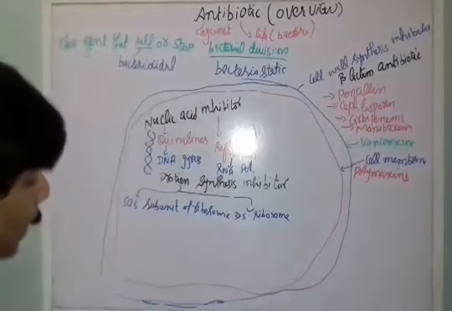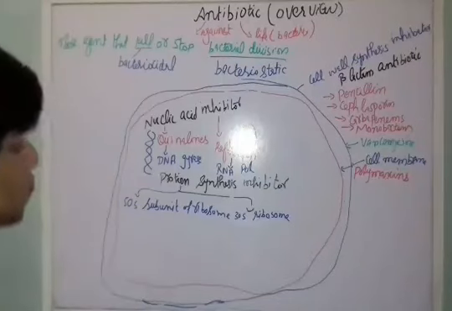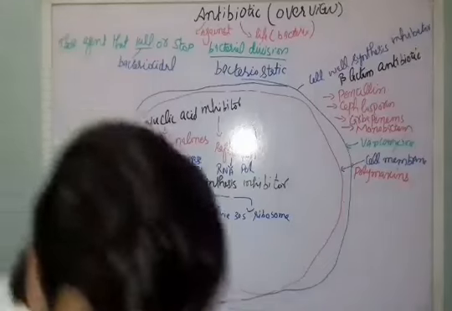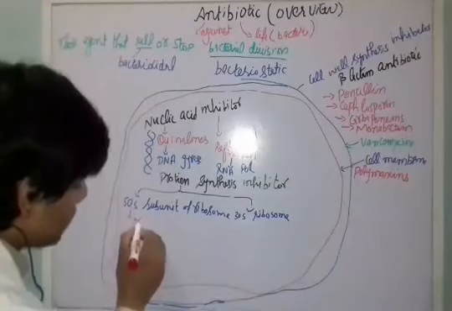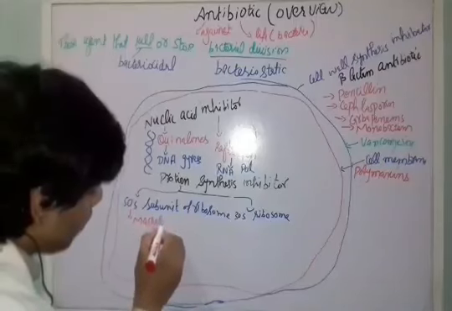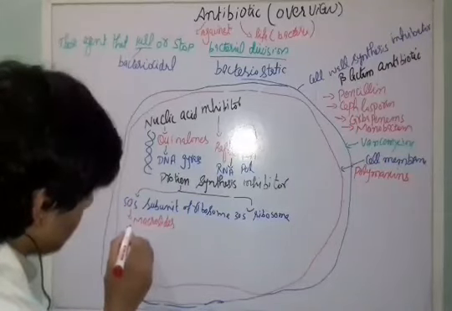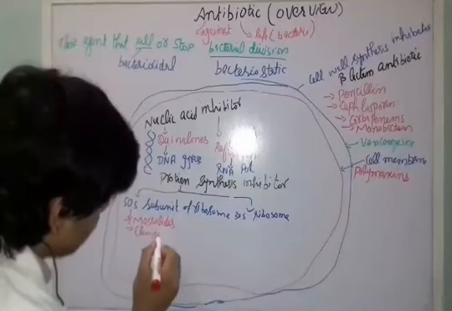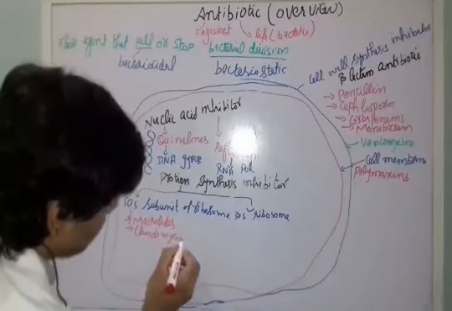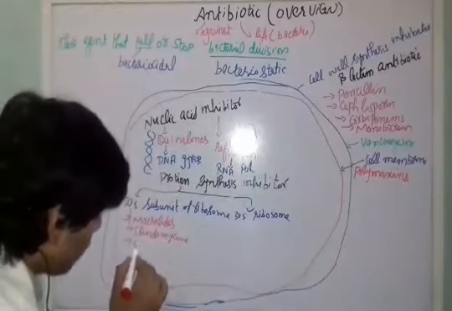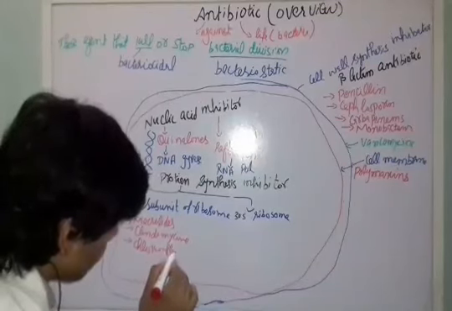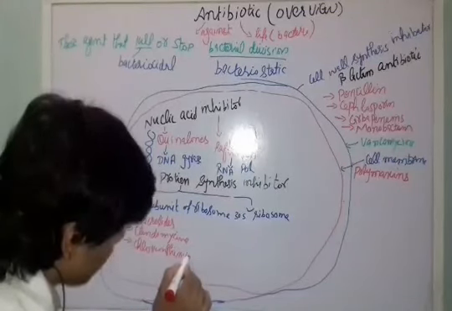Now the drugs which interfere with the 50S subunit, we usually call macrolides, clindamycin, chloramphenicol, and linezolid.